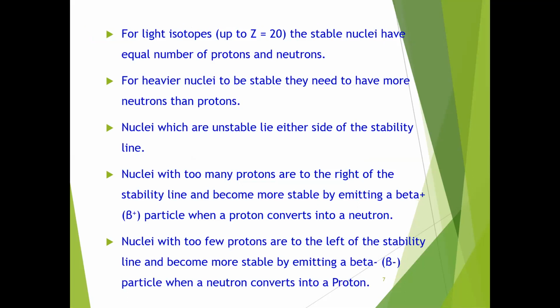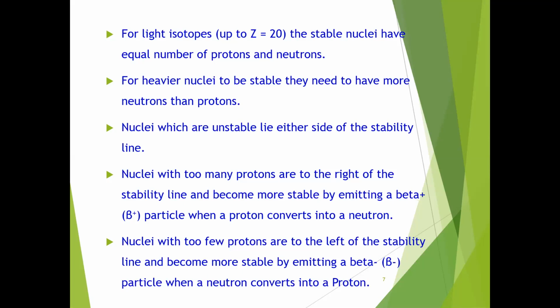And nuclei with too many neutrons are to the left of the stability line and become more stable by emitting a beta minus particle when a neutron converts into a proton. So these are the conclusions from the NZ curve.